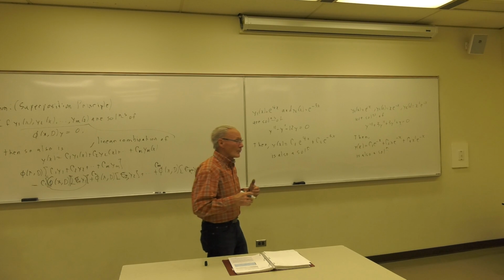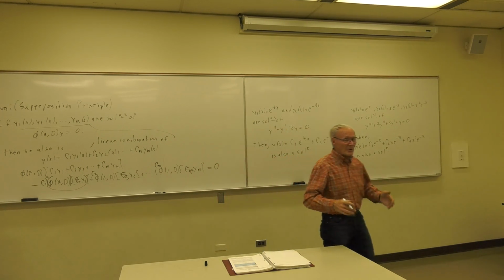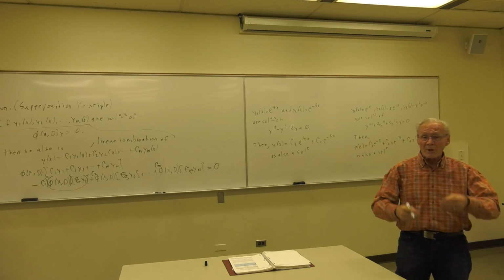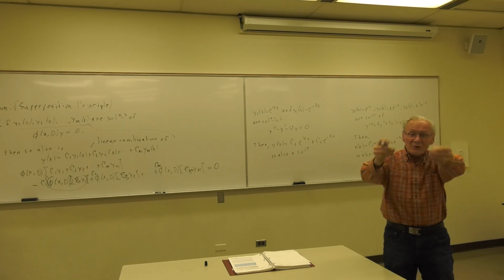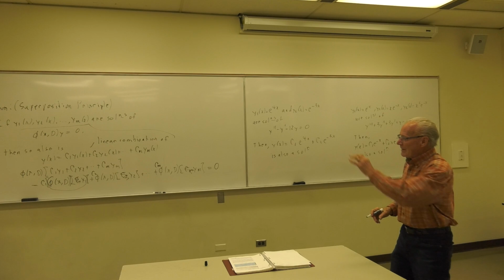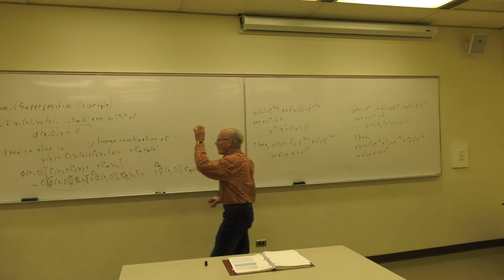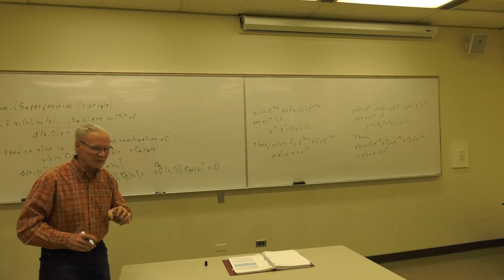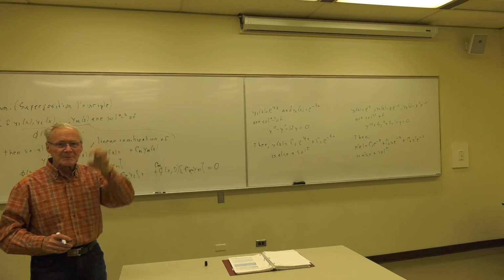So we don't go around looking for parameter families, we go around looking for individual solutions so we can superpose them to produce the parameter family. That's the beauty of this thing. The superposition principle produces them, provided we've got the individual solutions.